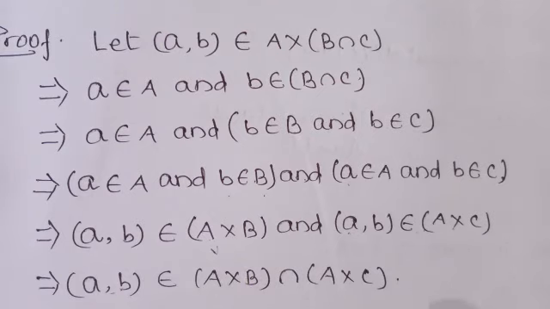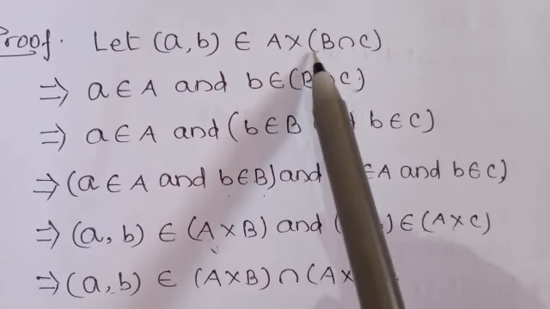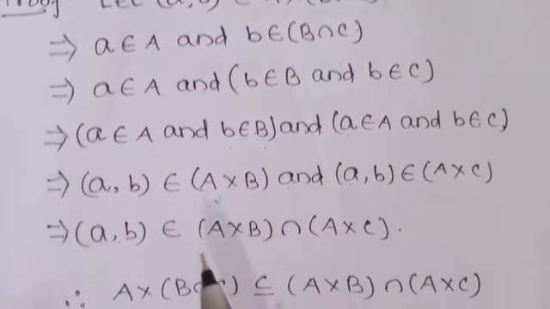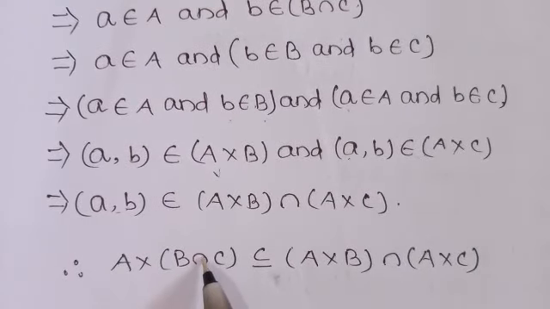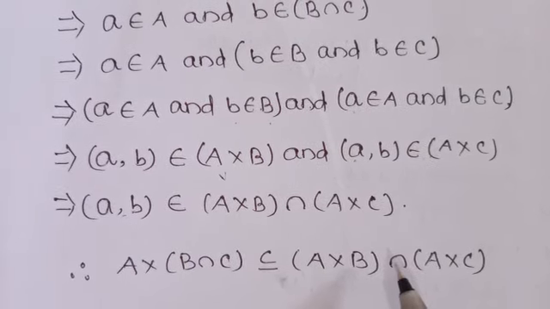Thus we arrive at the conclusion that A cross (B intersection C) is a subset of (A cross B) intersection (A cross C).